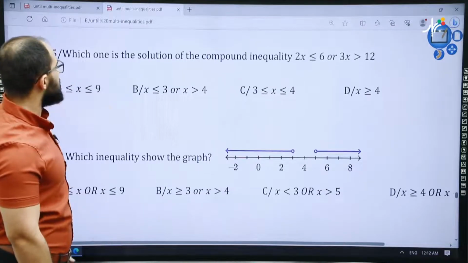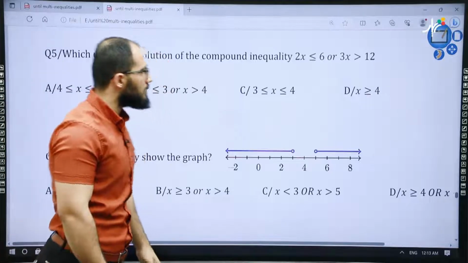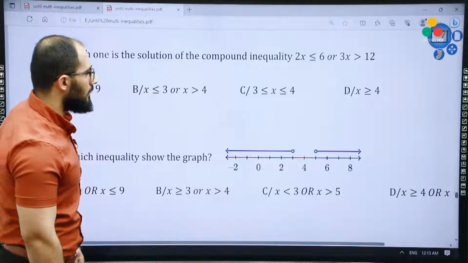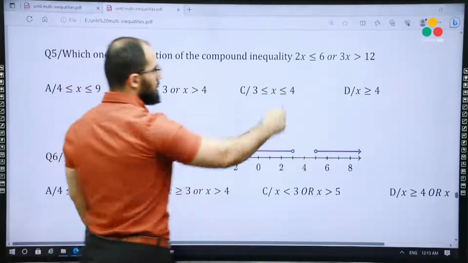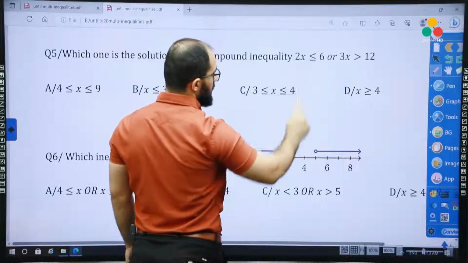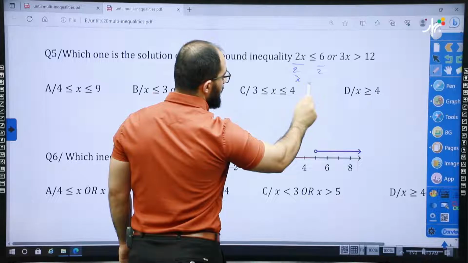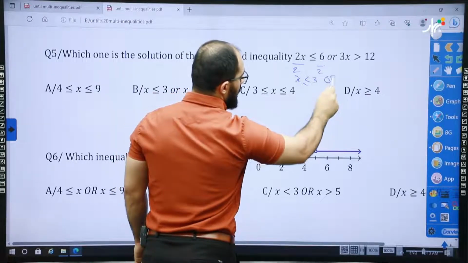We have which one is the solution of the compound inequality, 2x less than 6 or 3x greater than 12. Okay, so the first part, we have 2x less than or equal to 6. We divide by 2, so x is less than or equal to 6 divided by 2 is 3.